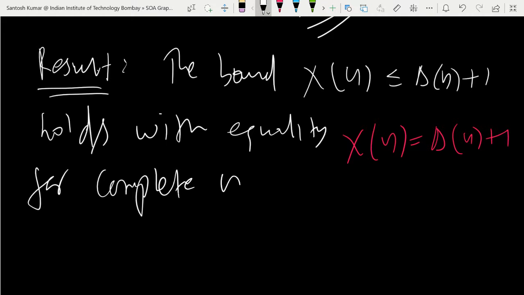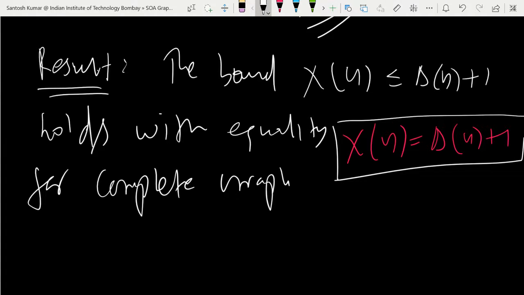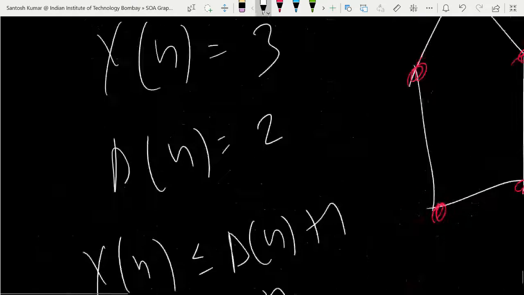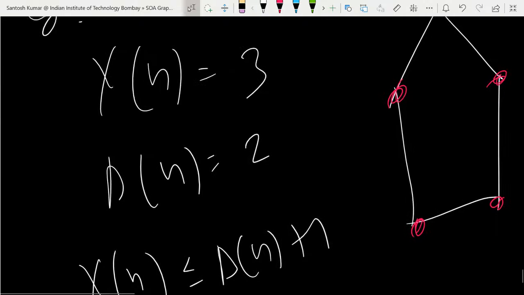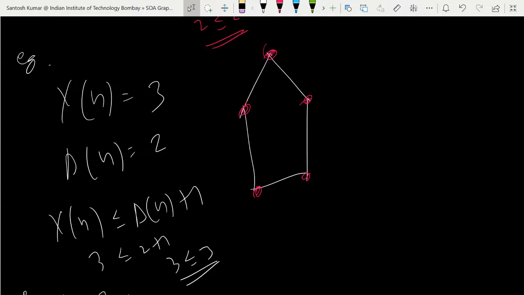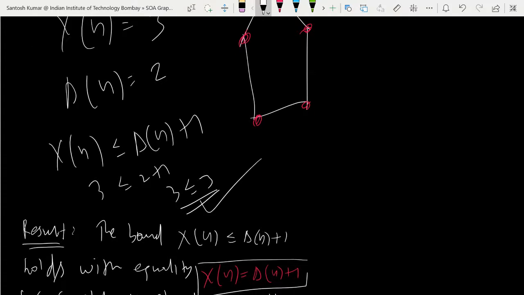So you take any complete graph, it will hold equality. And for odd cycles also. So you take odd cycles, it will also hold equality. Like if we have taken an odd cycle here, cycle of order 5, equality held.